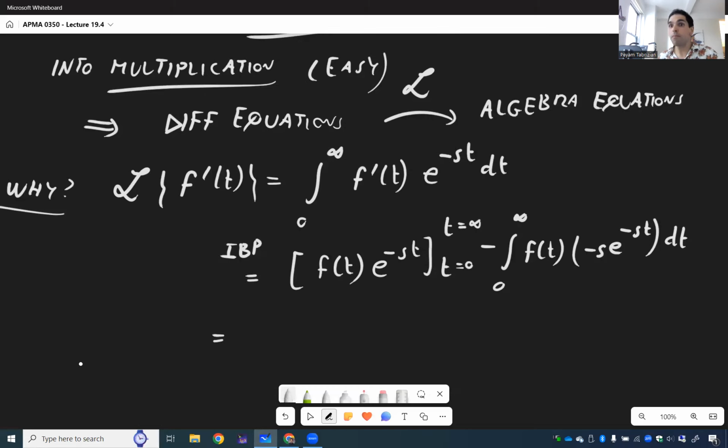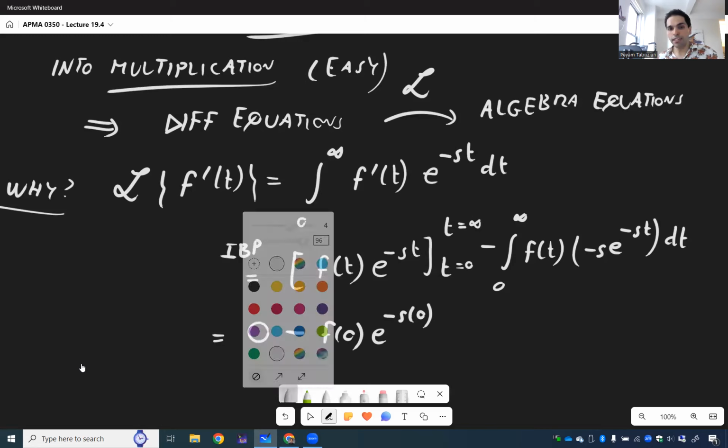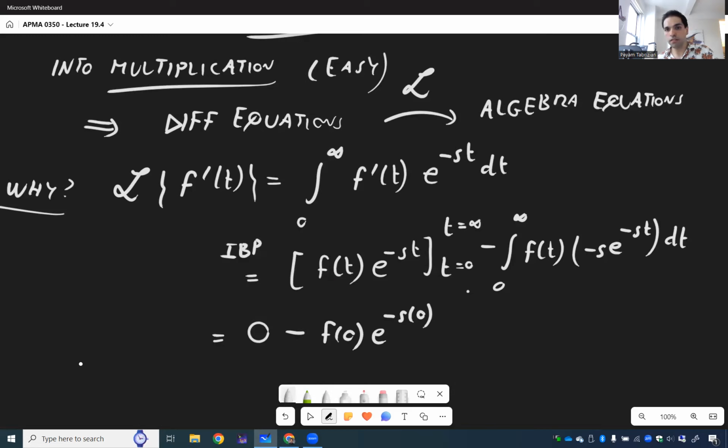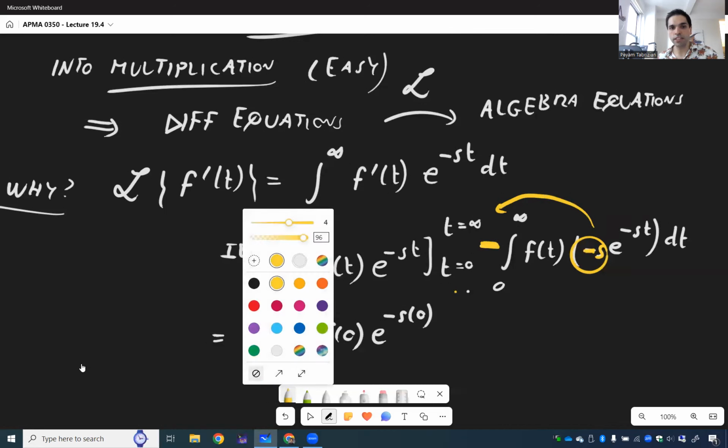And then remember, we always assume the terms at infinity are 0. So you have 0 minus f of 0, e to the minus s times 0, and then minus minus becomes plus. And also this minus s, because it doesn't depend on t, just comes out of the integral.